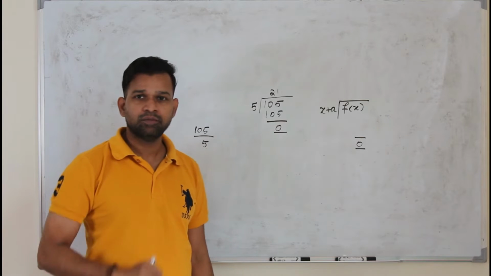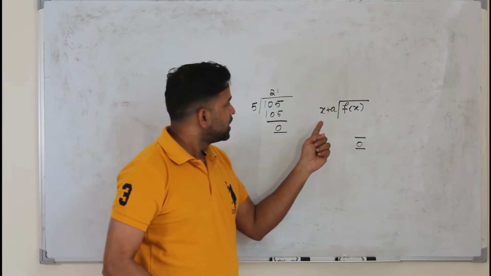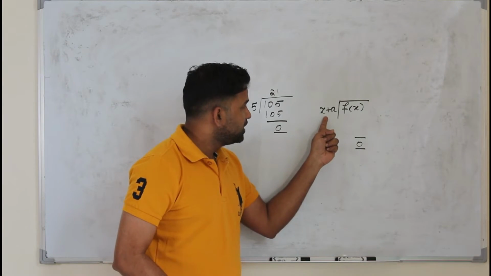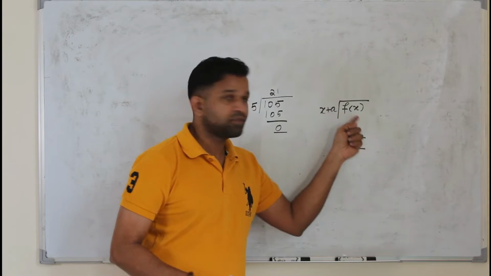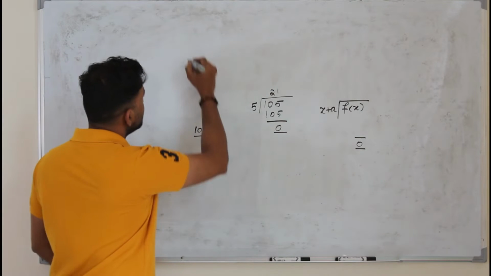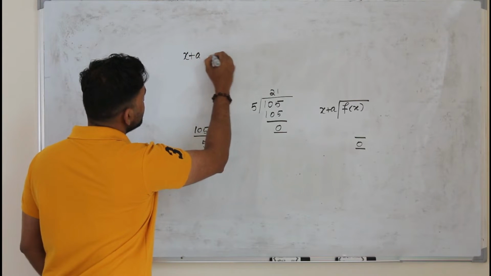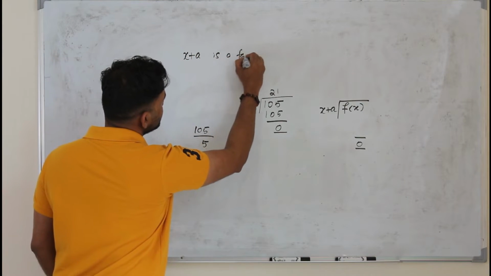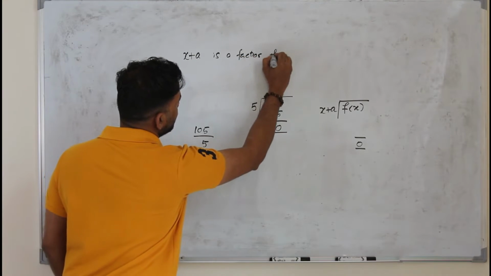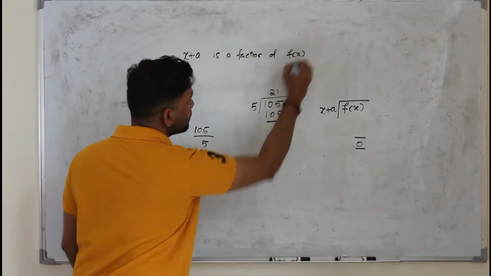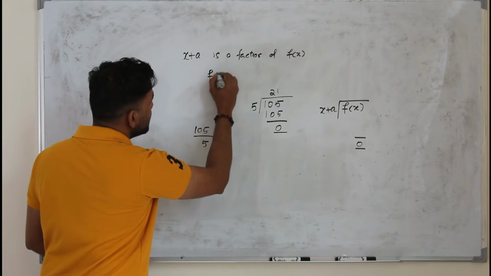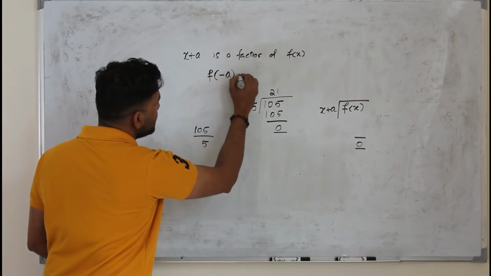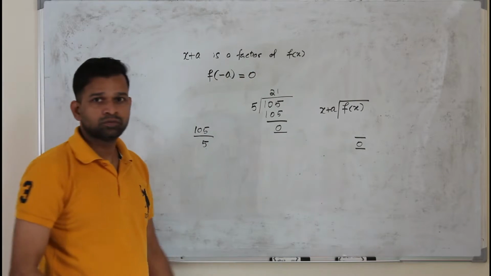The factor theorem says, if x plus a, where a can be any real number, is a factor of f of x, then f of minus a is 0.